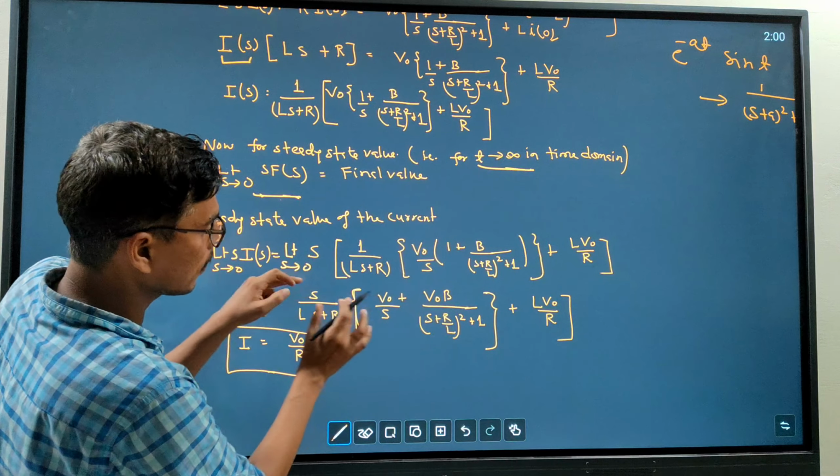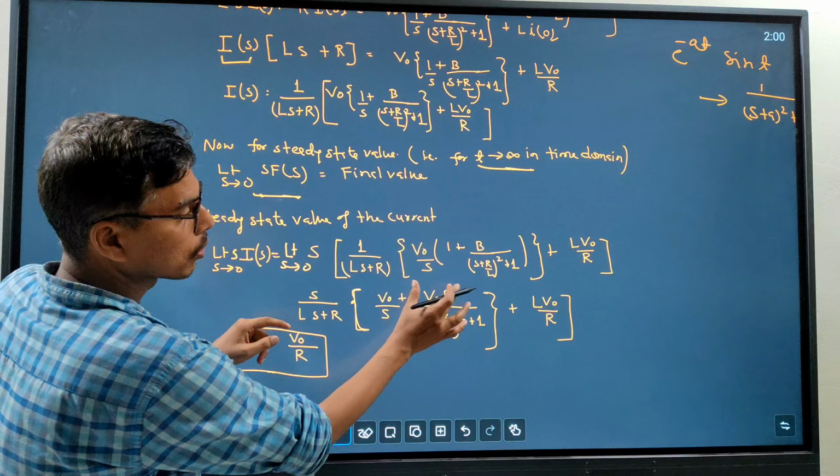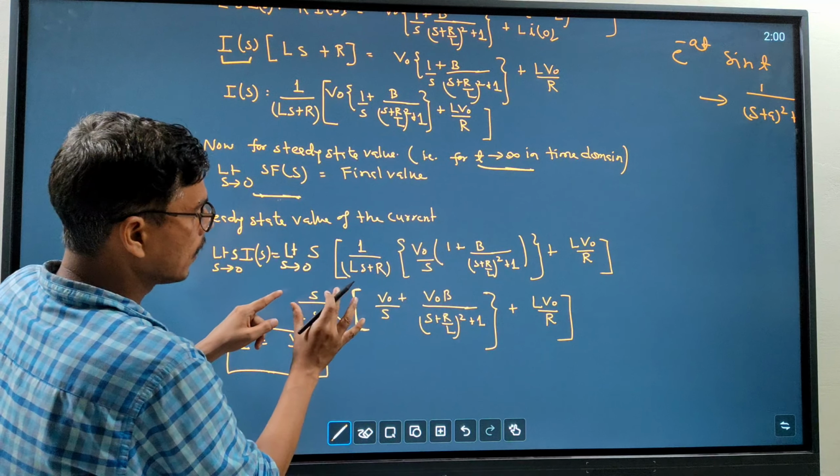If s is in multiplication and tends to 0, the entire part becomes 0. This goes to 0, this goes to 0, and only this factor, where s cancels, contributes, and this is V naught by R. A similar result we have obtained.